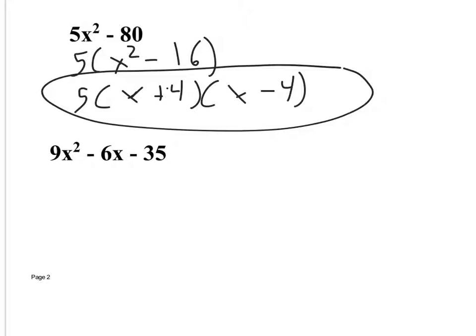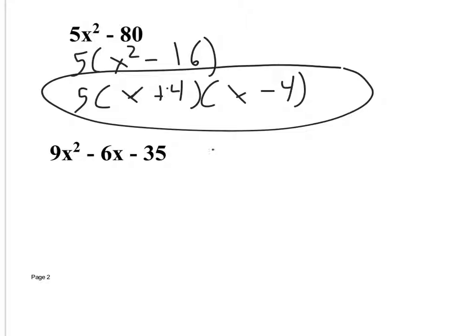9x squared minus 6x minus 35. You can't take anything out of those because 3 does not go into 35. So what you try to do is figure out: is it a pattern? Is there a perfect square? Is it a difference of squares? There's not.